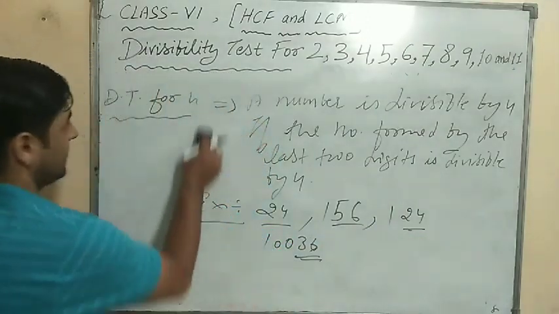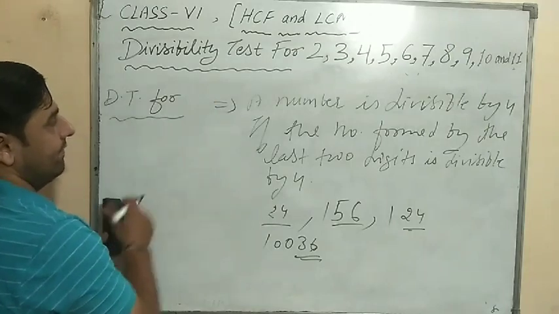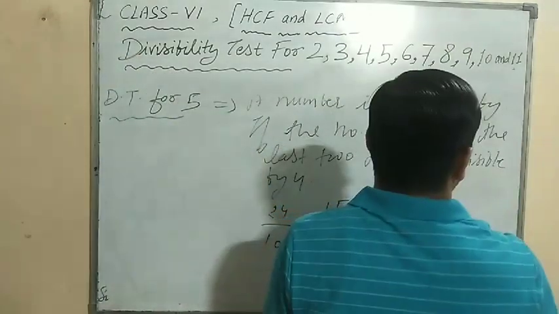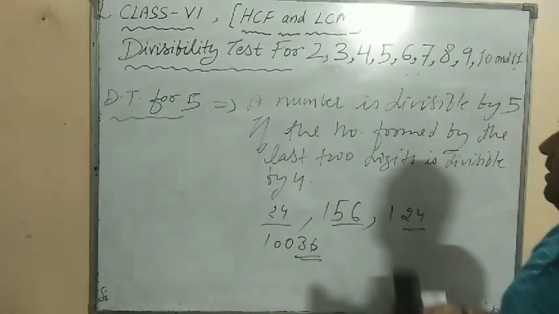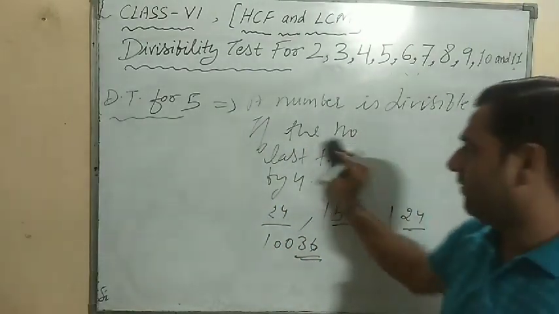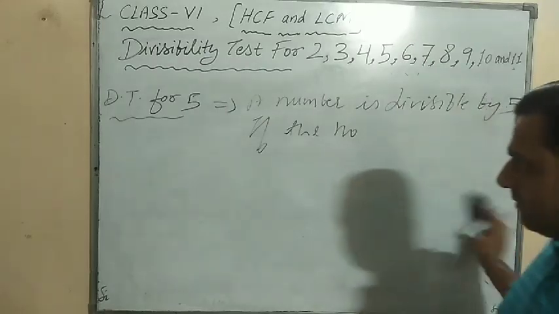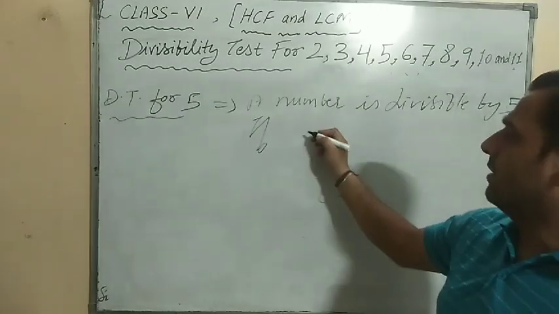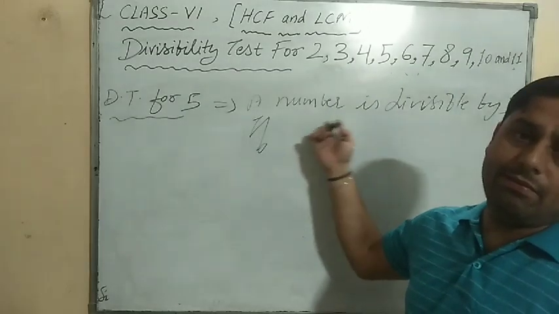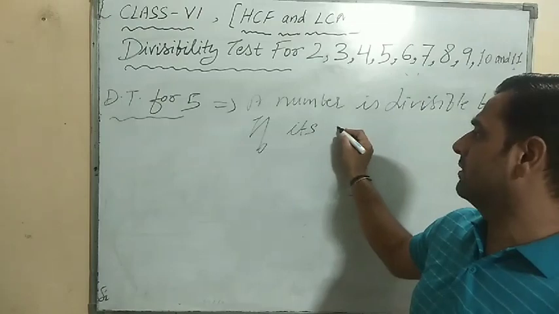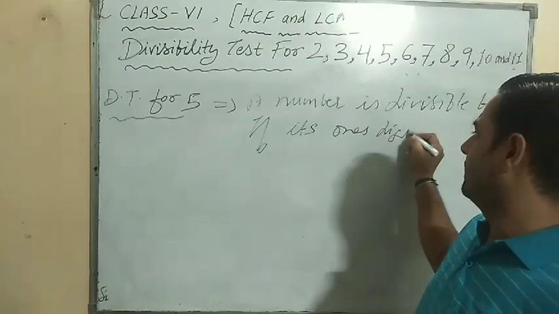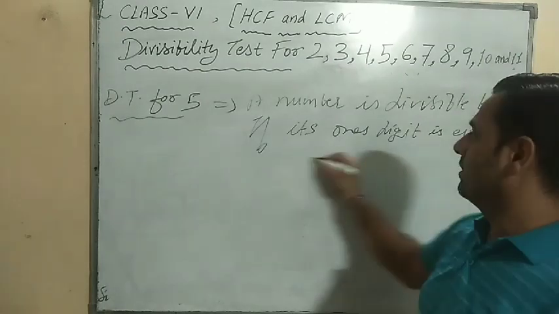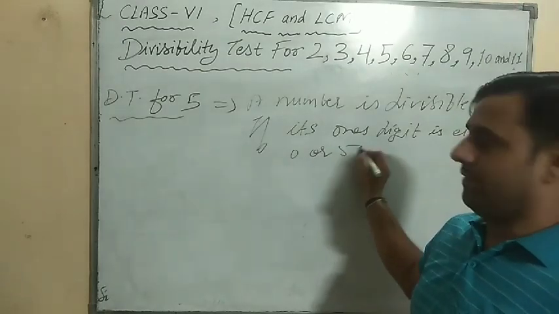Next one is the divisibility test for 5. A number is divisible by 5 if the last digit of the number, in other words its ones digit, is either 0 or 5.